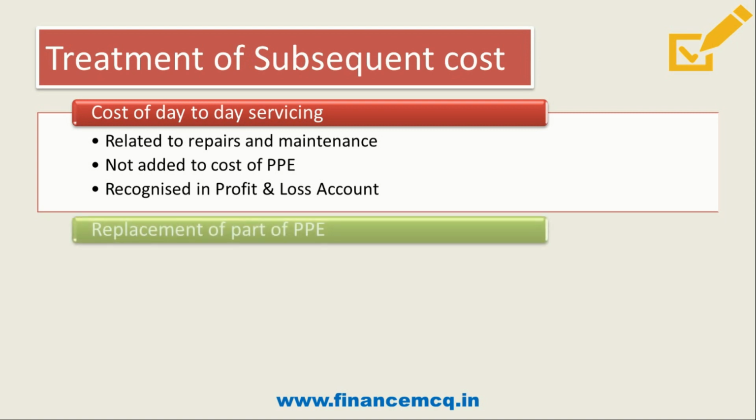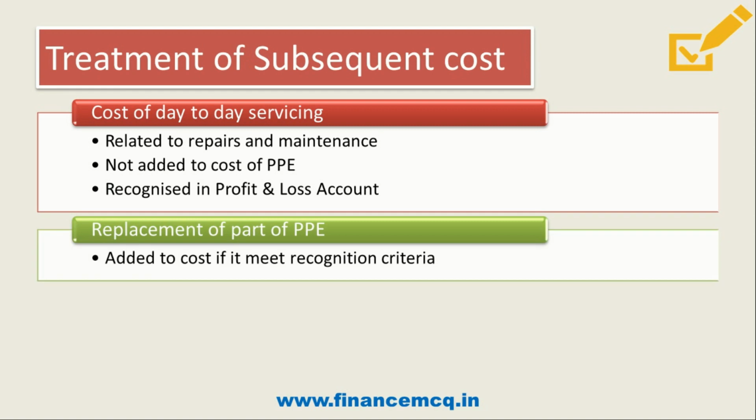Then we have cost related to replacement of part of a PPE, that is, if you have replaced a part of an asset, then how will the cost of such replacement be treated in the books. If it meets the recognition criteria of a PPE, then such replacement cost will be added to the cost of the asset, else it will be transferred to profit and loss account as an expense.